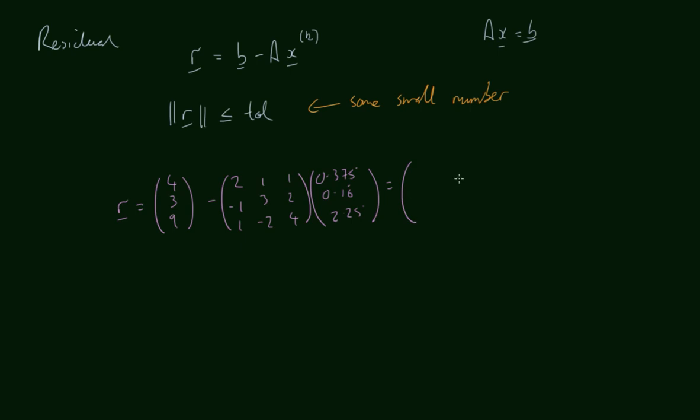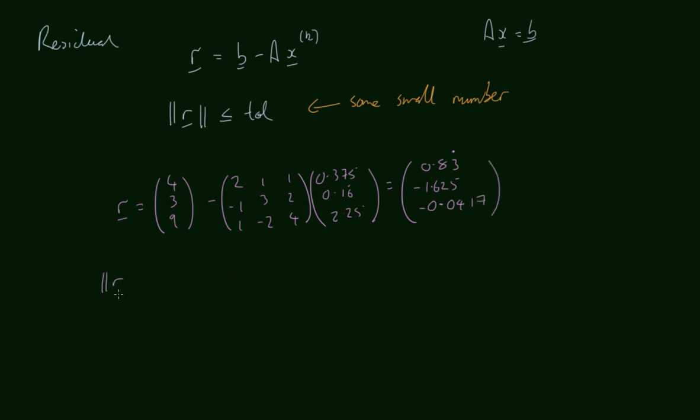If you calculate that, you get 0.83 recurring, minus 1.625, and minus 0.0417, etc. This is just to 4 decimal places.